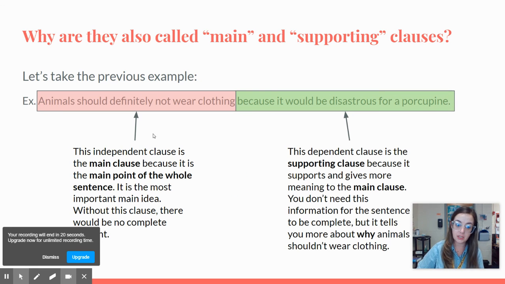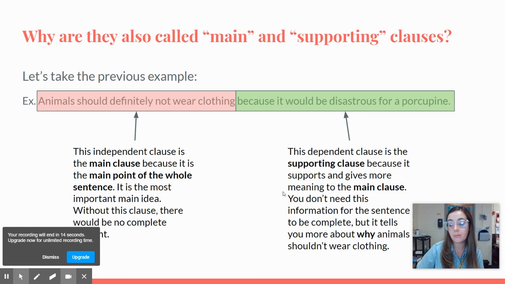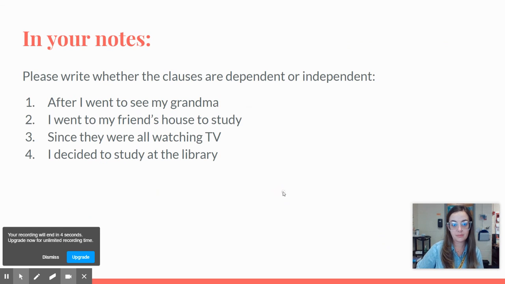Without the first clause, there would be no complete thought. In the green, it is dependent because it supports and gives more meaning to the information in the main clause. You don't need this information for the sentence to be complete, but it is telling you why something in the main clause is happening. And then you'll just answer these notes in your questions.